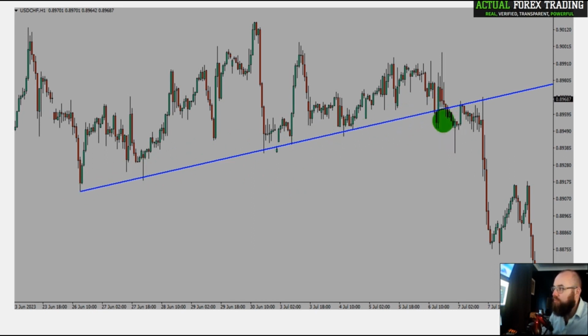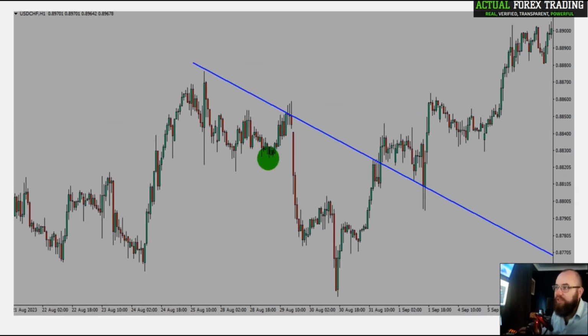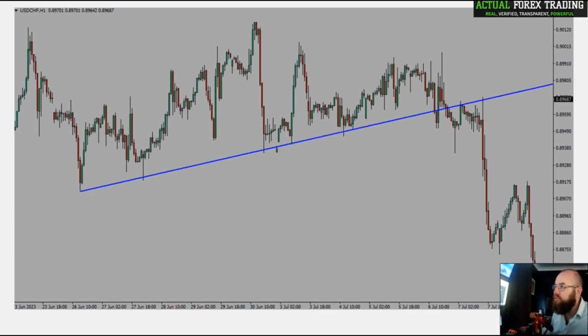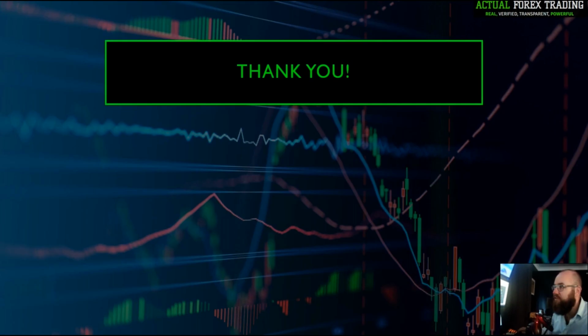When price does break below the support, it then becomes resistance. So these reversals at diagonal support, we then have a reversal at diagonal resistance. The floor has become a ceiling. And in the example before, the ceiling has become a floor. So this is diagonal support and resistance, being covered very briefly and very quickly.